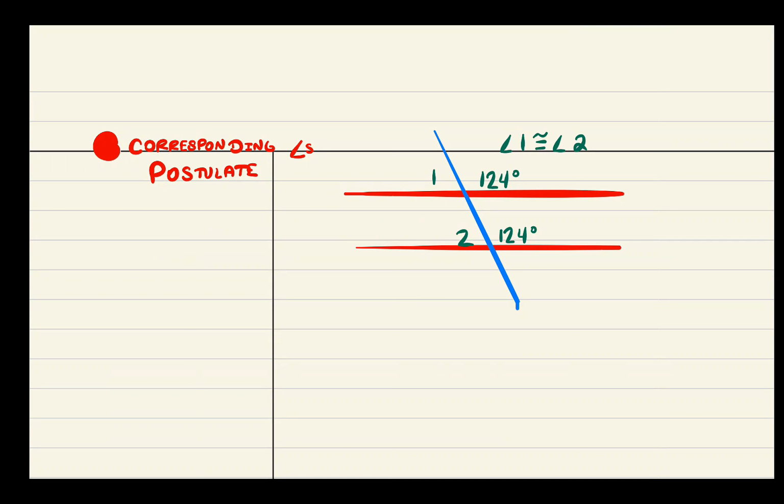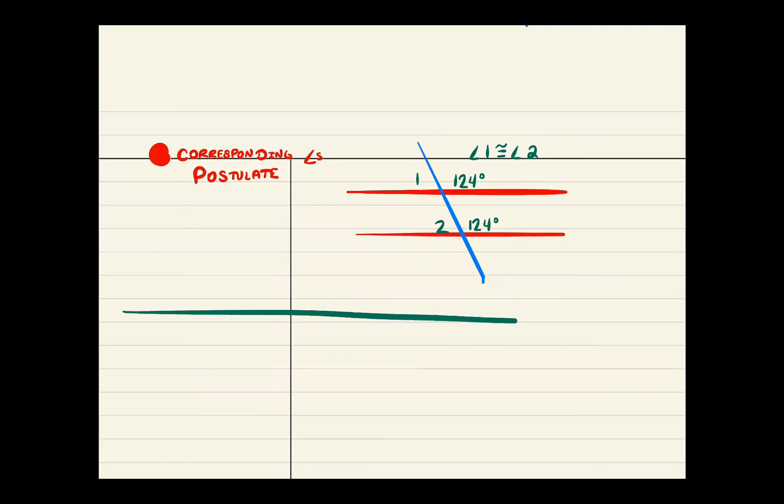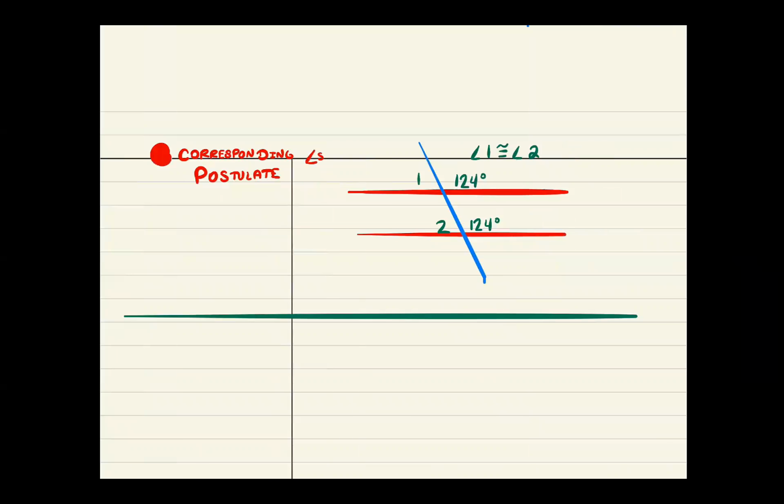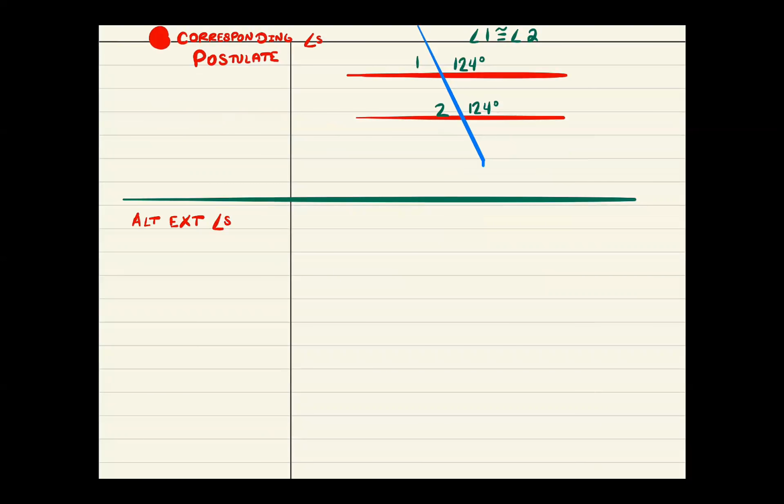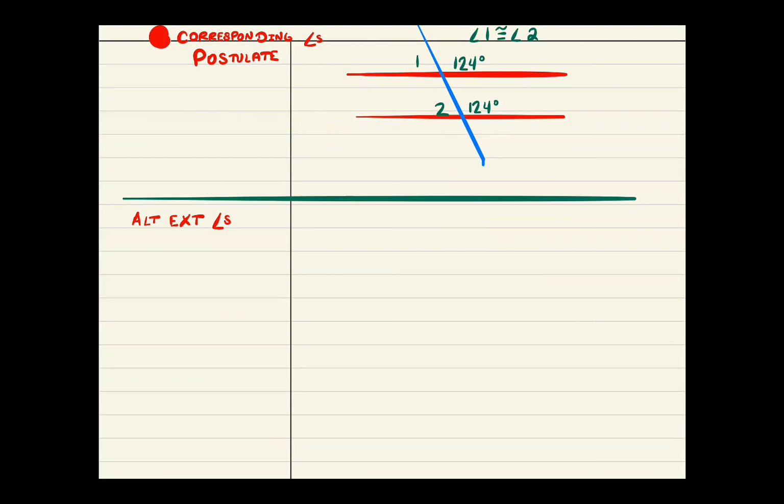Before we get into math, what was our second rule? Let's knock out both alternate rules here. Alternate exterior, we'll write that one first. Alternate exterior angles. And what did that tell us?